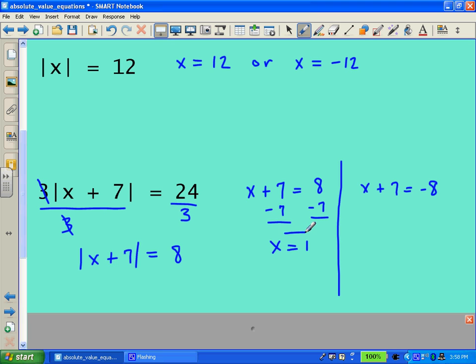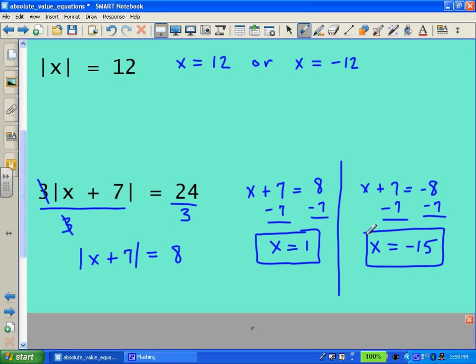So x could equal 1. That would be one solution. Or over here, x could equal -8 minus 7, which is -15. -15 would also work. So there are our two solutions. And you'll notice all I did was take whatever was in the absolute value and set it equal to the positive version and the negative version of our answer.